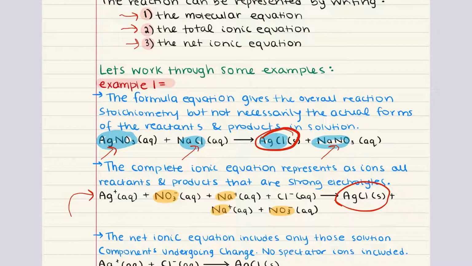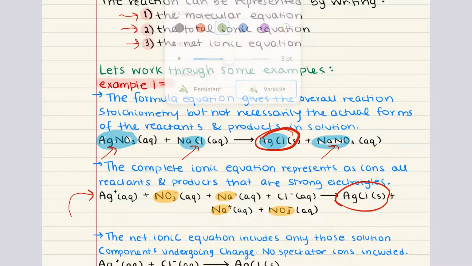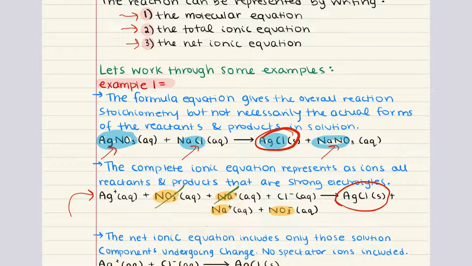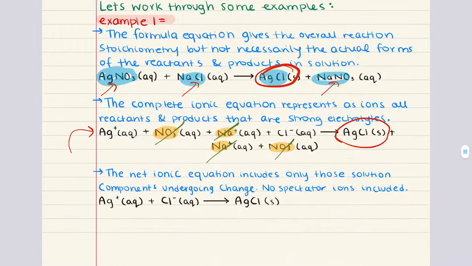So these are spectator ions that we can get rid of. And once we do, what we're left with is our net ionic equation. So our net ionic equation is silver cations plus chloride anions give rise to silver chloride.